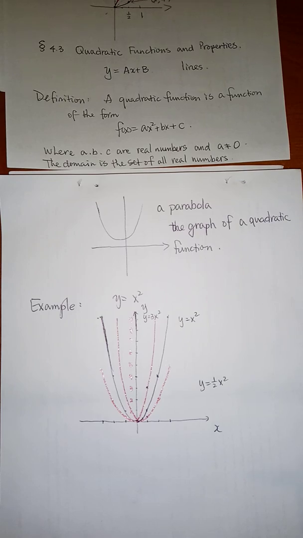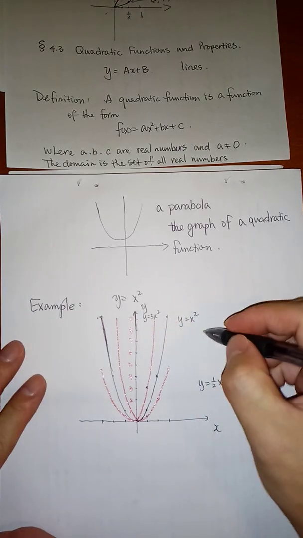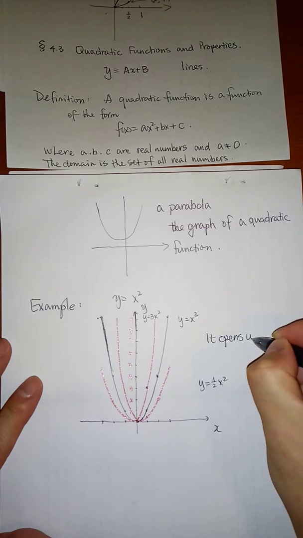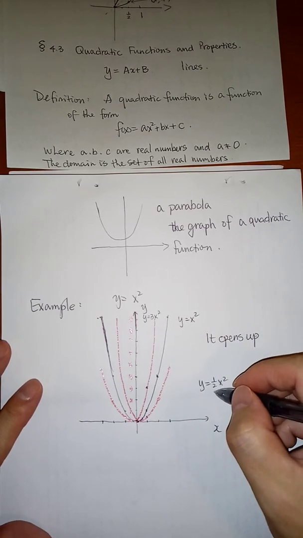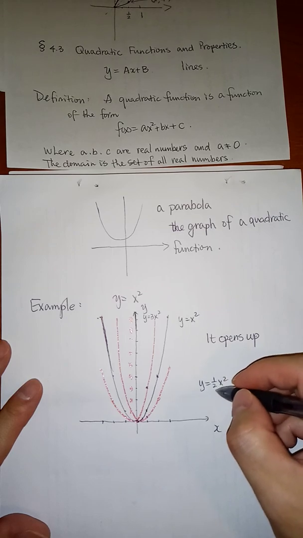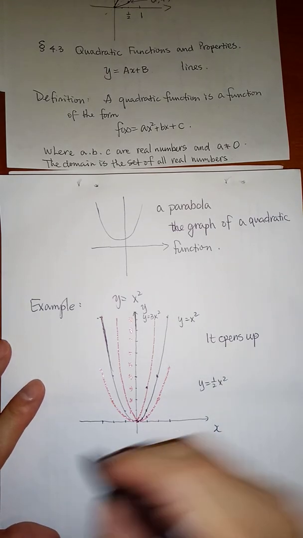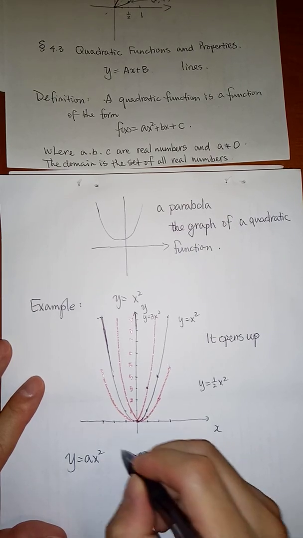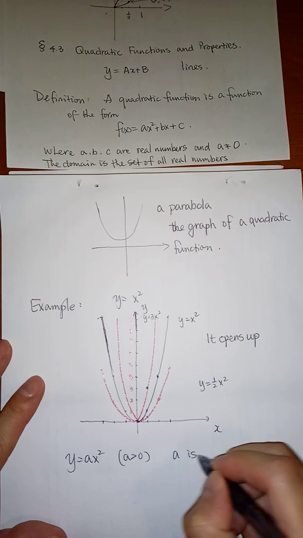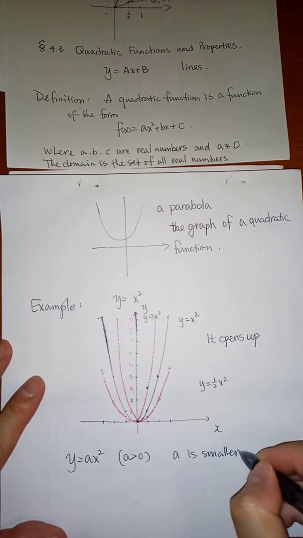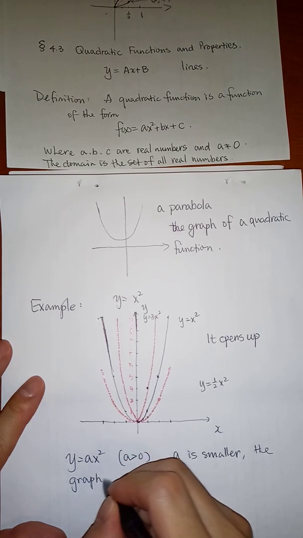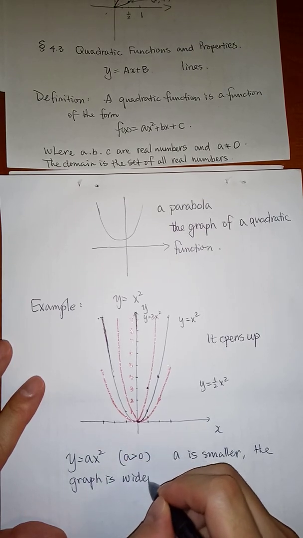So what is the property? They always open up. We say it opens up. If the coefficient is smaller, it's wider. So y equal to ax squared, here we say a is positive. When a is smaller, the graph is wider.